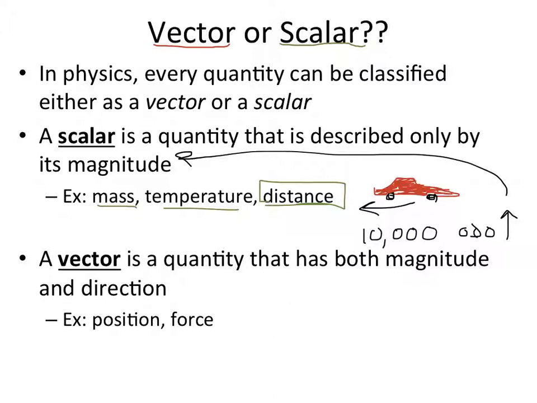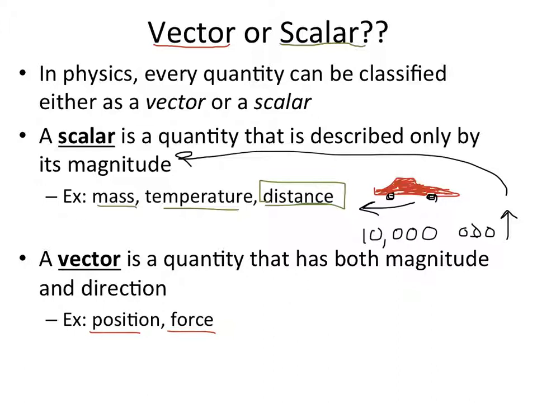On the other hand, a vector quantity is something that can have a positive or minus. That is, the direction actually matters. We've got a few values right here that will probably make sense to you later on, position and force. But I think of it like this.